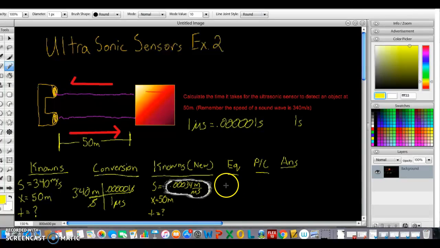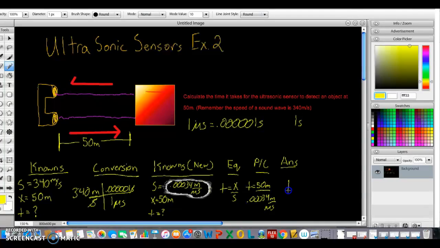All right, so now let's solve for the time. What is the equation for time? Time is t equals x over s, distance over speed. All right, plug and chug. Our distance is 50 meters divided by our new speed, 0.00034 meters per microsecond.